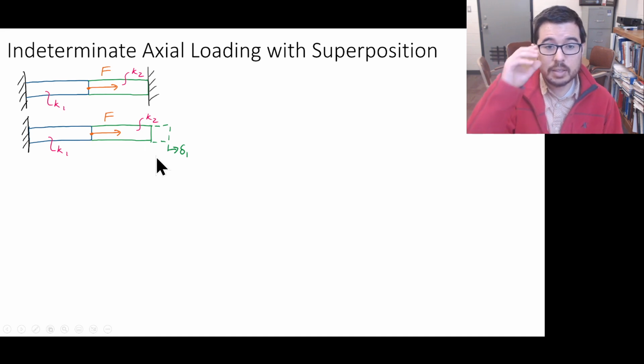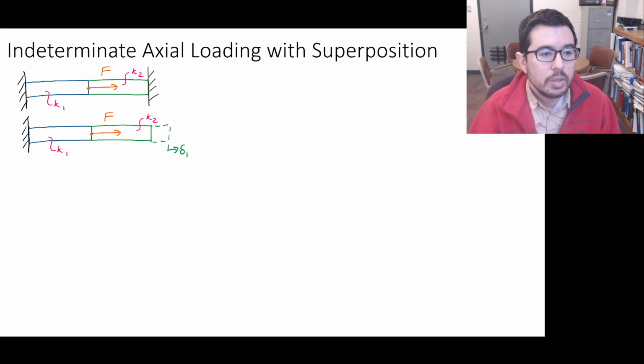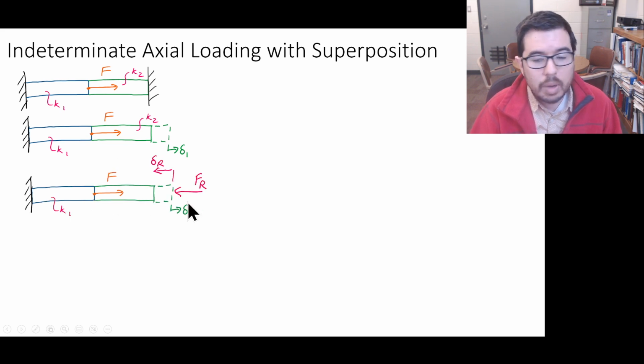You're like, okay, that's kind of funny. So we have a force here, we have K1. We know that this portion is just along for the ride, but this portion here, it's going to be F over K1. That's what's being stretched to the right. Now, what happens if I want to enforce the fact that there's a wall here?